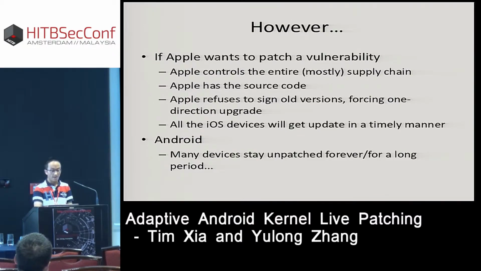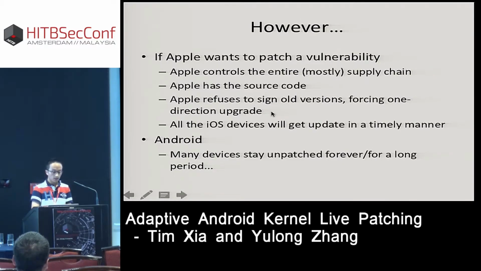If Apple wants to fix the bug, it has only one copy of source code to fix, so the time window is quite short. Also, Apple refuses to sign old versions, so there is no way for end users to revert the iOS version back to an old version. So it is less likely for the user to revert to a vulnerable version. And all the iOS devices can get a timely update.